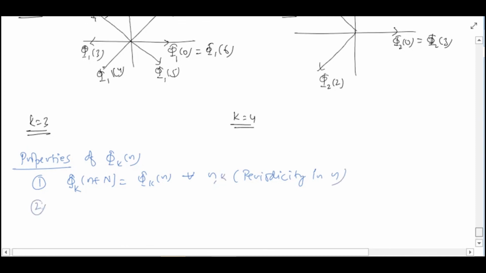Similarly, we have phi k plus capital N equal to phi k n, and this is called periodicity in k. This is the property that we just saw.